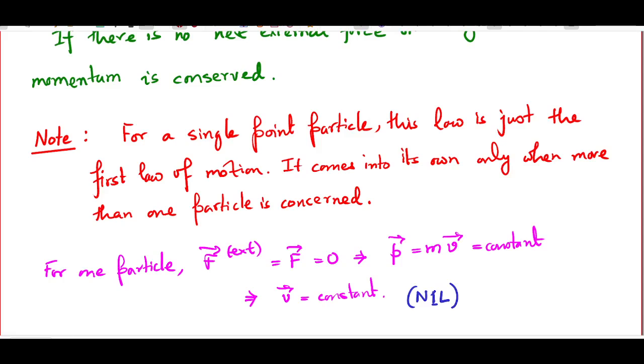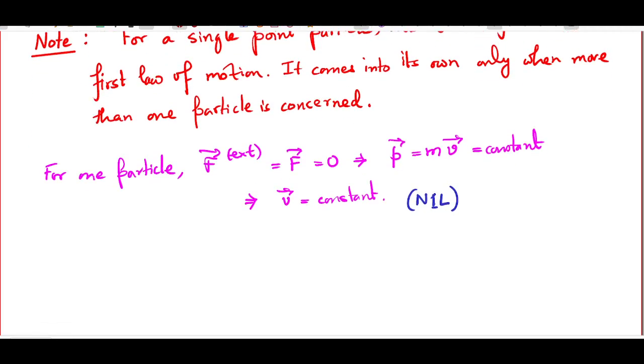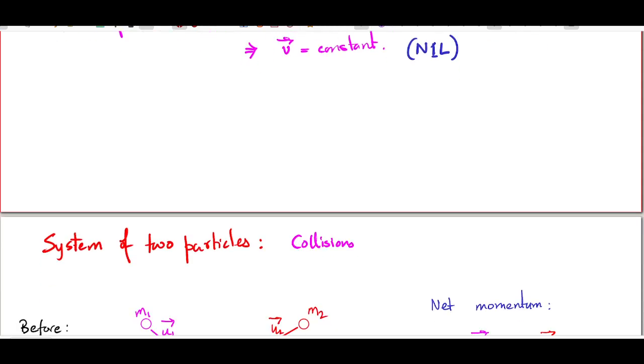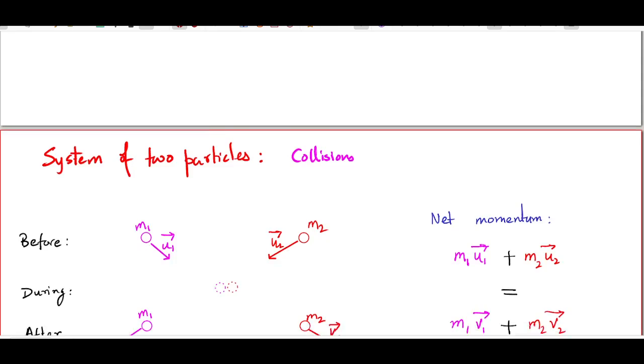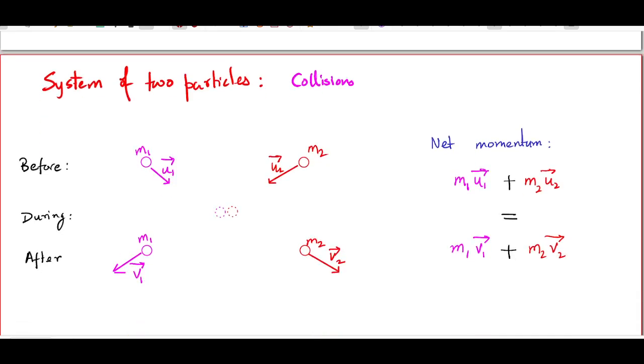In order to see a more non-trivial application of this law of conservation of momentum, let us consider the simplest extension beyond a single particle. Let's talk about two particles which collide with each other. So the picture that we are looking at is the following. Before the collision, you have two particles with masses m1 and m2 respectively, and the velocities are u1 and u2 vectors.